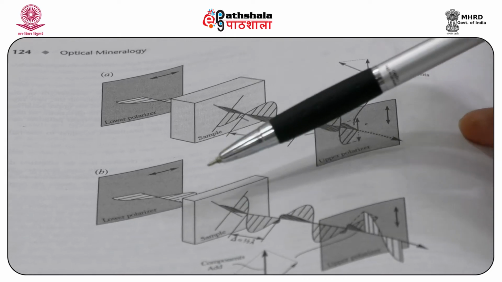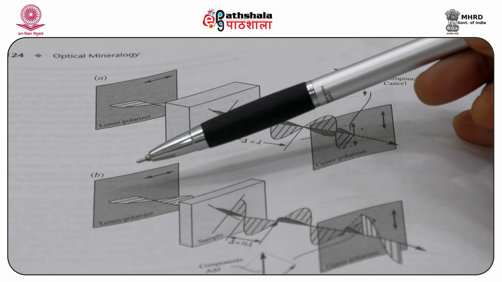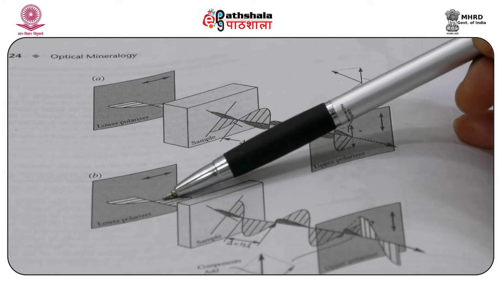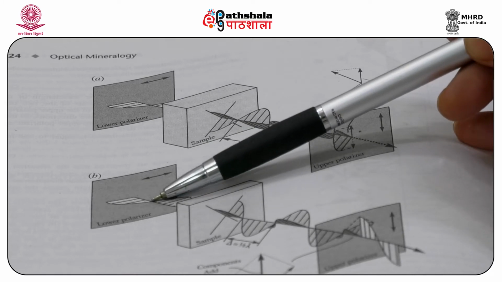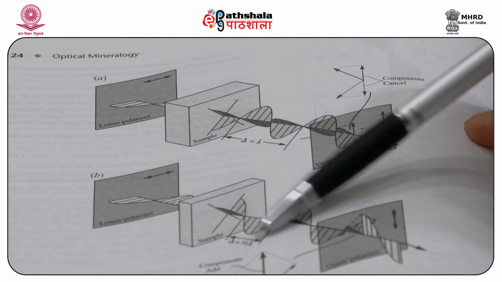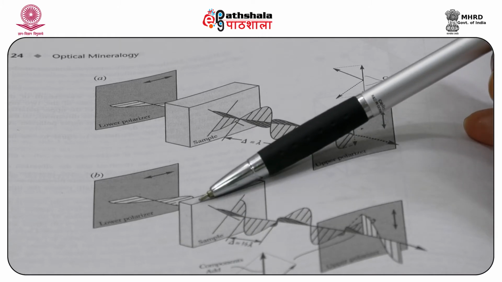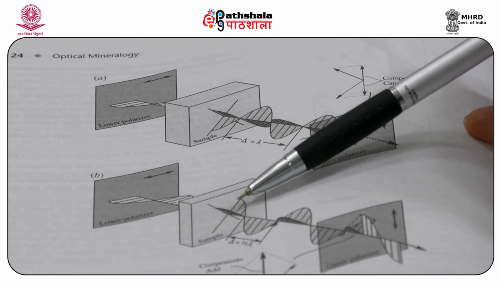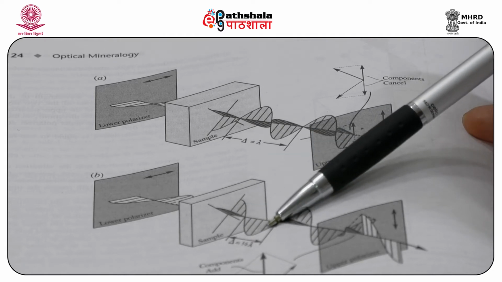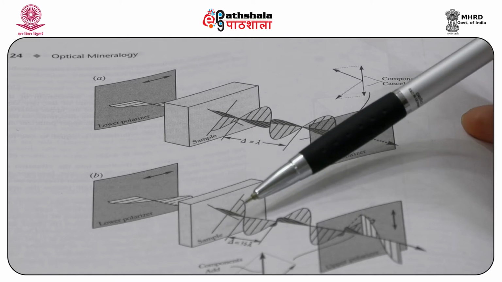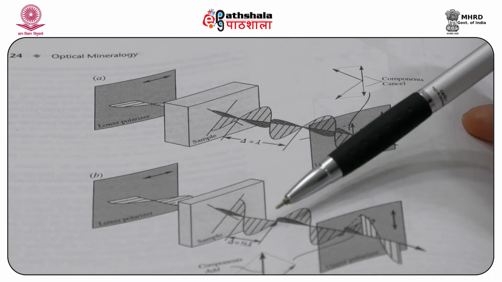In the other case here, where the light is entering the lower polarizer, as such it is getting plane polarized, then we have the anisotropic mineral sample where the light is getting split into two rays, that is a fast ray and a slow ray. In this case, the retardation is 1/2 of the wavelength.